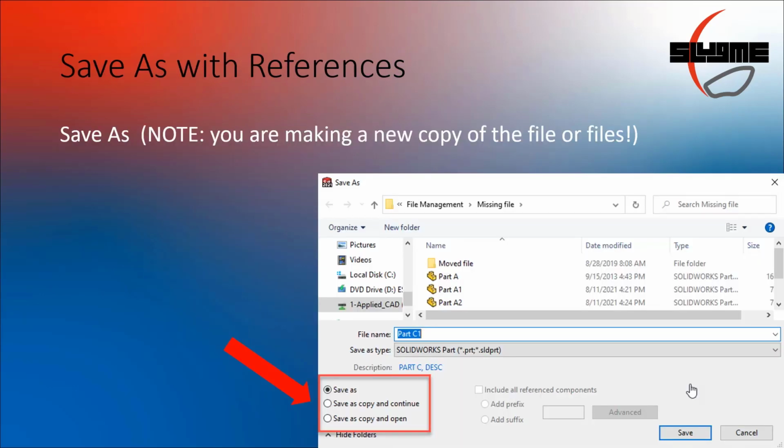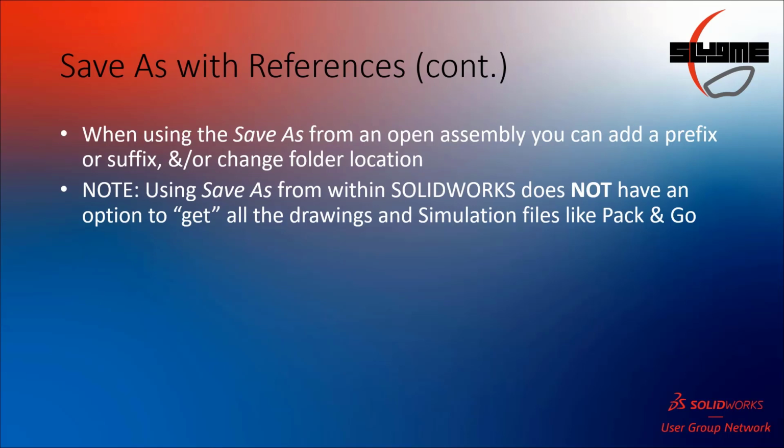Now, a beauty of this is when you go through the Save As, the dialog box actually gives you another chance to pick what you're going to do. So you don't have to always close it and reopen it if you pick the wrong one. It's kind of neat. When using the Save As from an open assembly, you can add a prefix or a suffix. Beautiful feature.